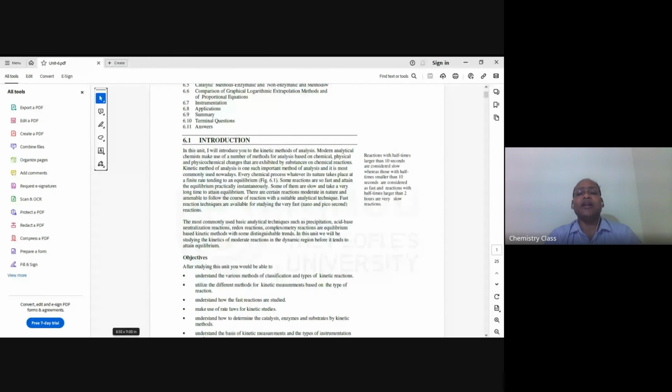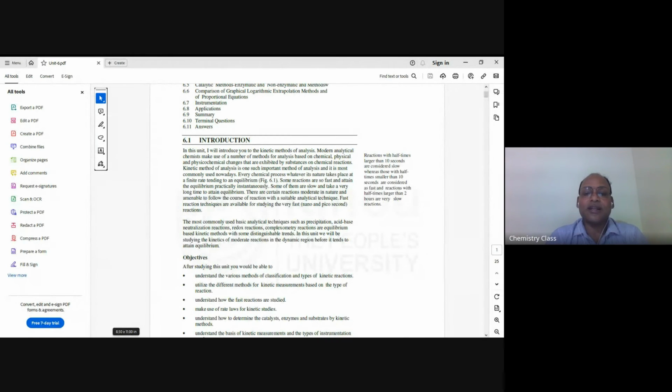In this unit we will study the kinetics of moderate reactions in the dynamic region before equilibrium is reached. Our target is moderate reactions, not the fastest or the very slow ones, which cannot be calculated in chemical kinetics.